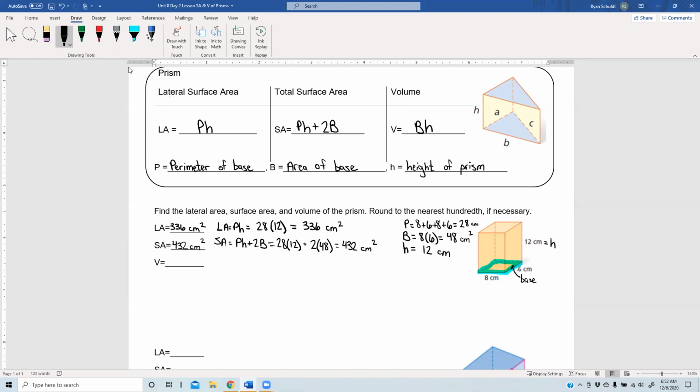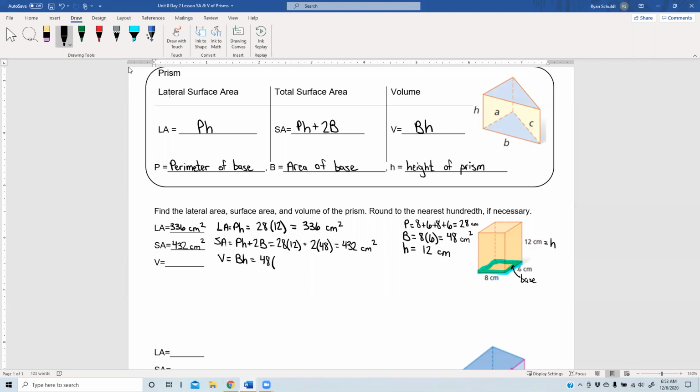Now for volume. The formula for volume is area of the base times the height. So what did we say the area of the base was? Big B? We said big B was 48.